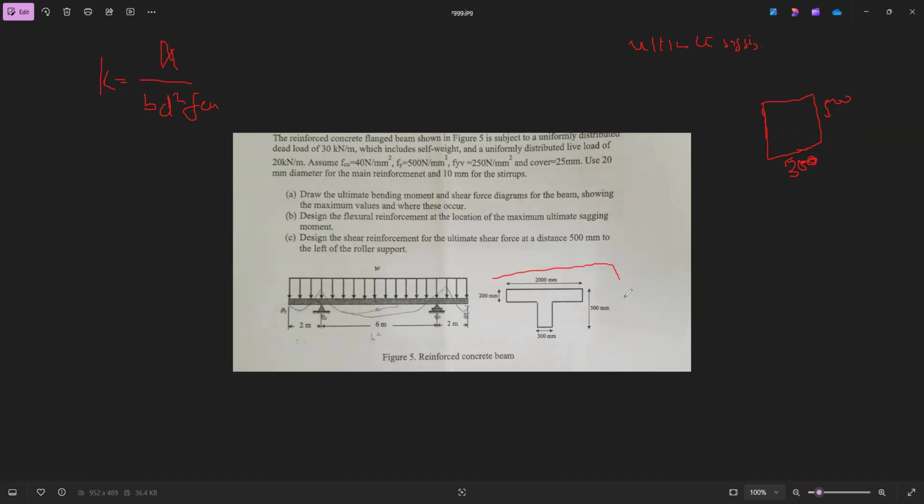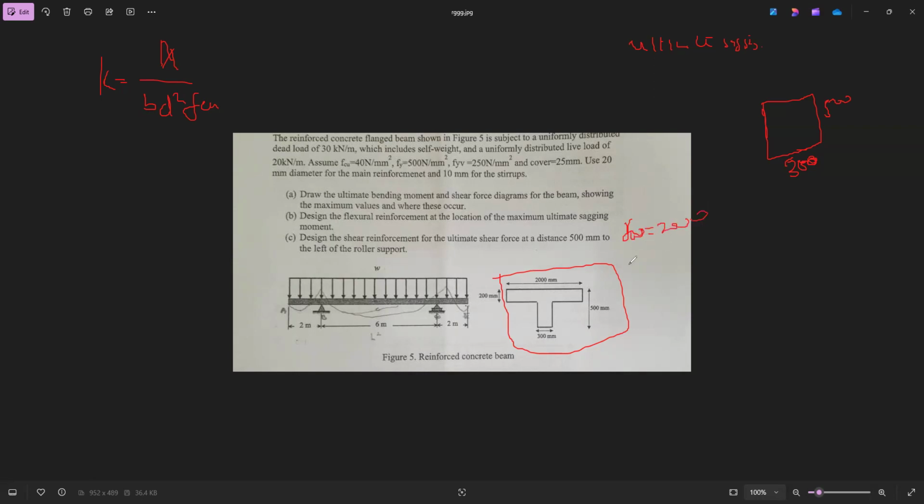The flange width FW is 2,000 and BW is 200, and H is 500.